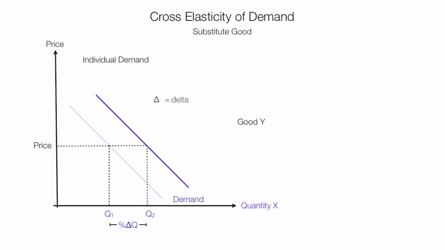I'm also going to calculate the change in price of good Y, and I'm going to call that percent change in PY, where PY is equal to price of good Y. So good Y goes from price 1, PY1, and rises to PY2. So I take the percent change in quantity divided by the percent change in price of good Y.